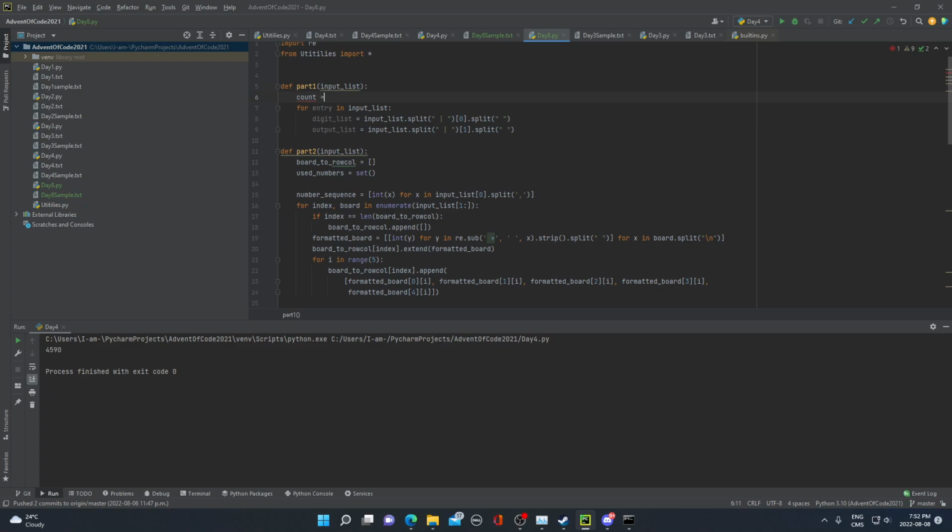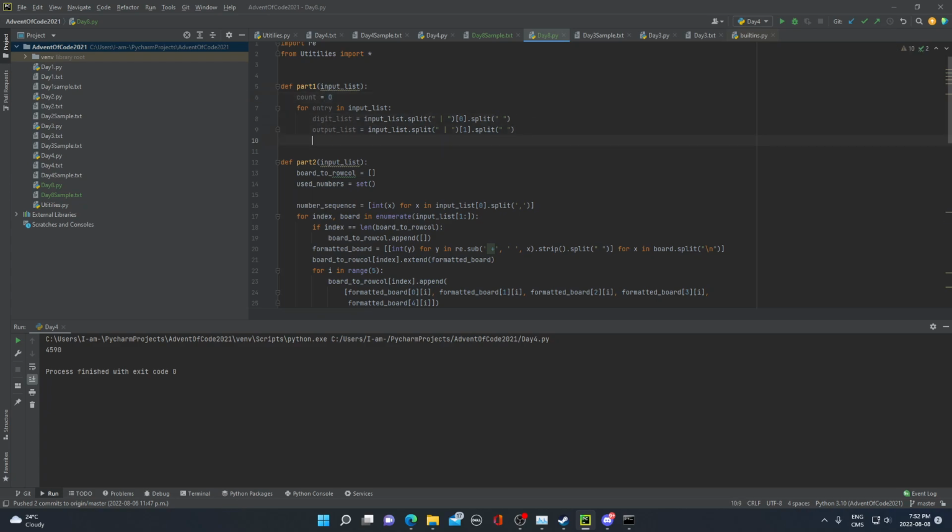Have a count. And since we don't need to match the numbers exactly, we just have to know if any of the digits 1, 4, 7, and 8 exist. We can actually just use a set.